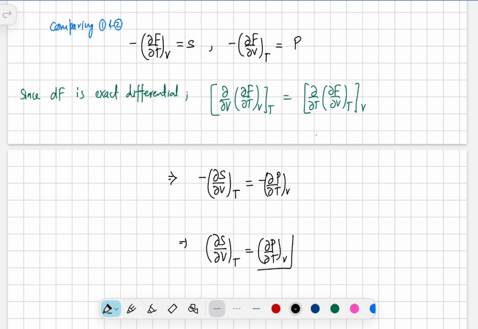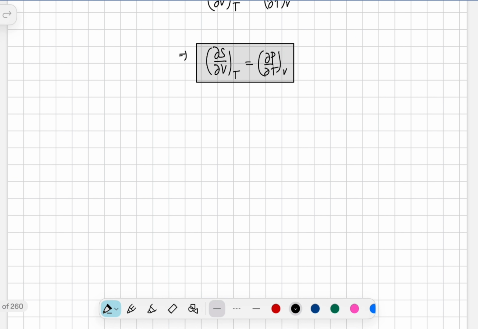You can check it out. This is how you can derive the second Maxwell relation, okay? So in the same way we can do third and fourth. Maybe I can do one more, but the last one you should do by yourself, so that you can also get a taste of the process.